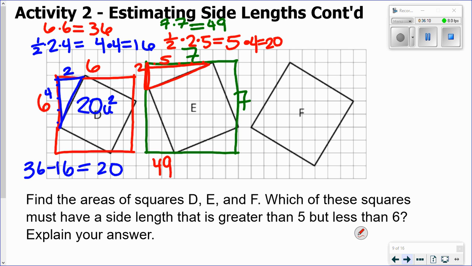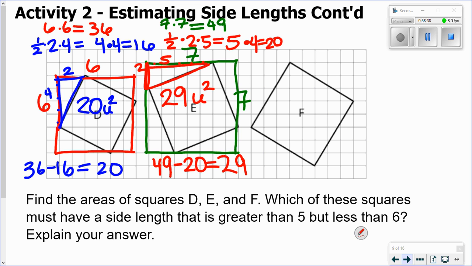So 49 was our whole square we created, and we're taking away the 20 square units, which composes those triangles of negative space that we created. And when doing so, we get the space left over for figure E, square E, which is 29 square units.